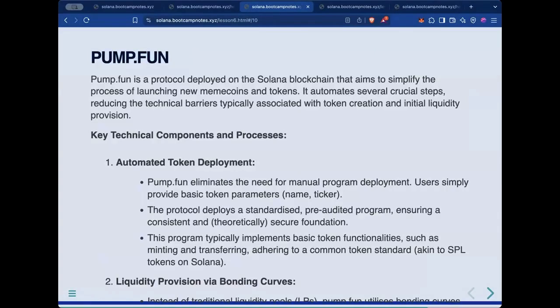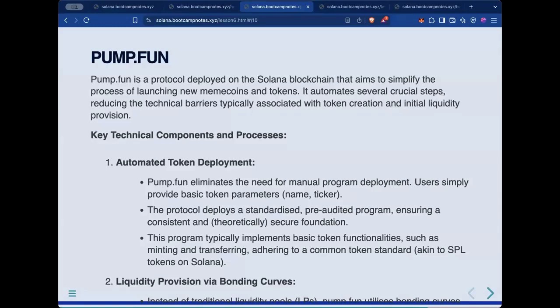It provides tools for people to easily get into this area and create new meme coins and get them out. It tries to make it as simple as possible so that anybody can do it without having to understand about creating tokens and go through the process that we're going to go through, where we understand how to create a token, and Pump Fun is there to make that much simpler.